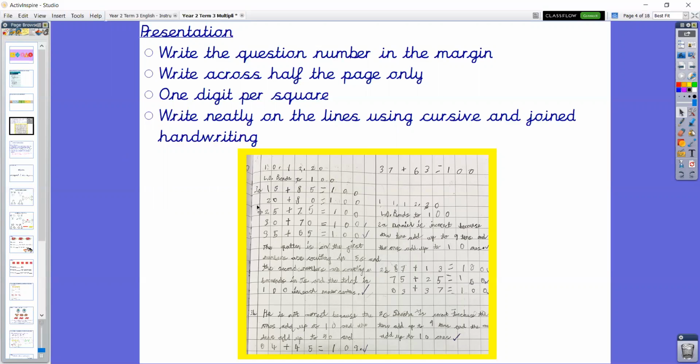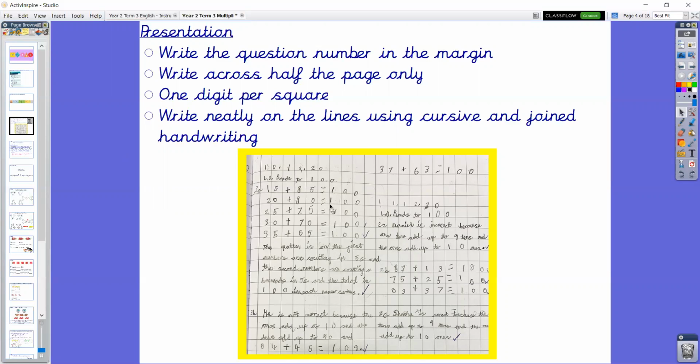It's also important that we only write across half the page, so filling out one column in our book before moving on to the second half of the page, before starting a clean page. Between lessons, so between days, we leave a couple of lines just so that each session is divided.